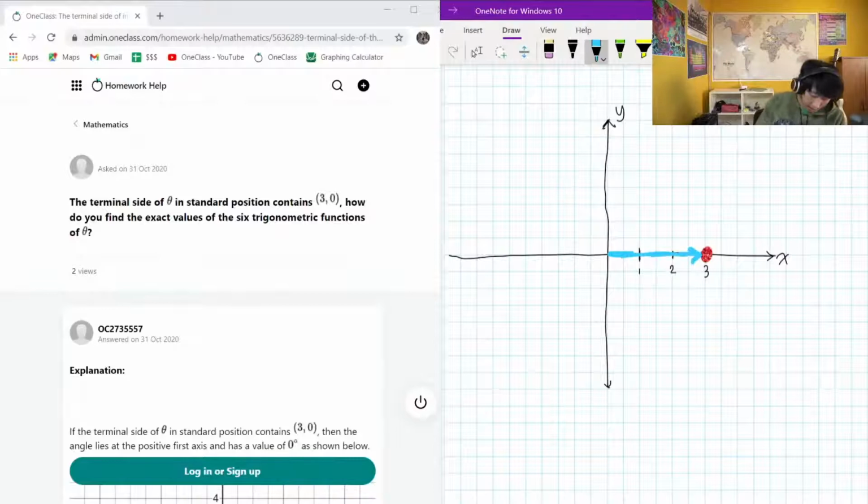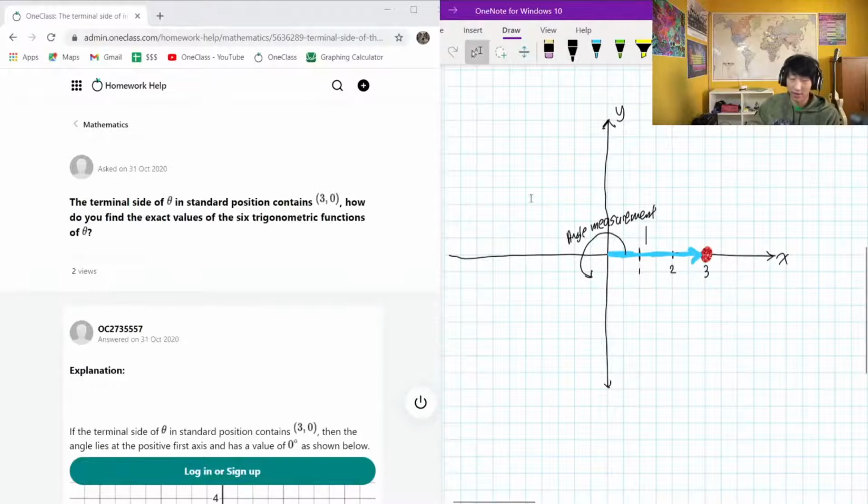And the only angle that can make this work, because we measure angle this way, is if the angle is 0 or if the angle is 360 degrees. They pretty much result in the same math, so it's a lot easier if we just deal with the angle being 0.